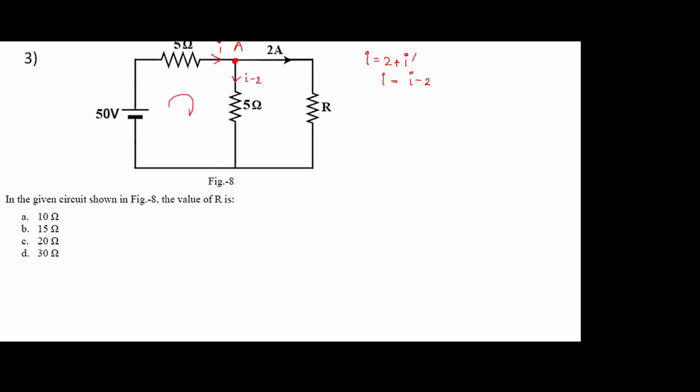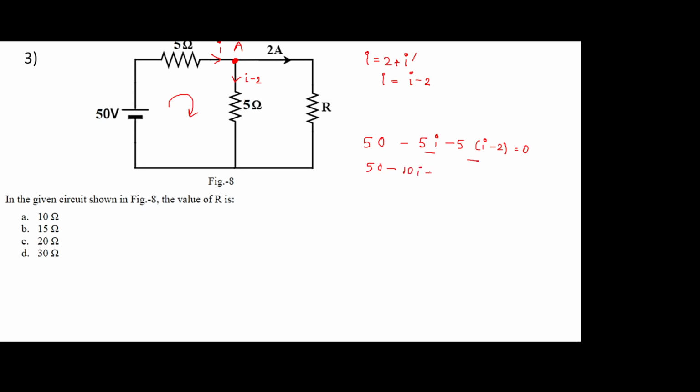So now you can apply KVL across this loop and you can calculate I, right? So it is 50 minus 5I minus 5 into I minus 2 will be equal to 0. So 50 minus, this is 5I, this is another 5I, so it will be 10I.